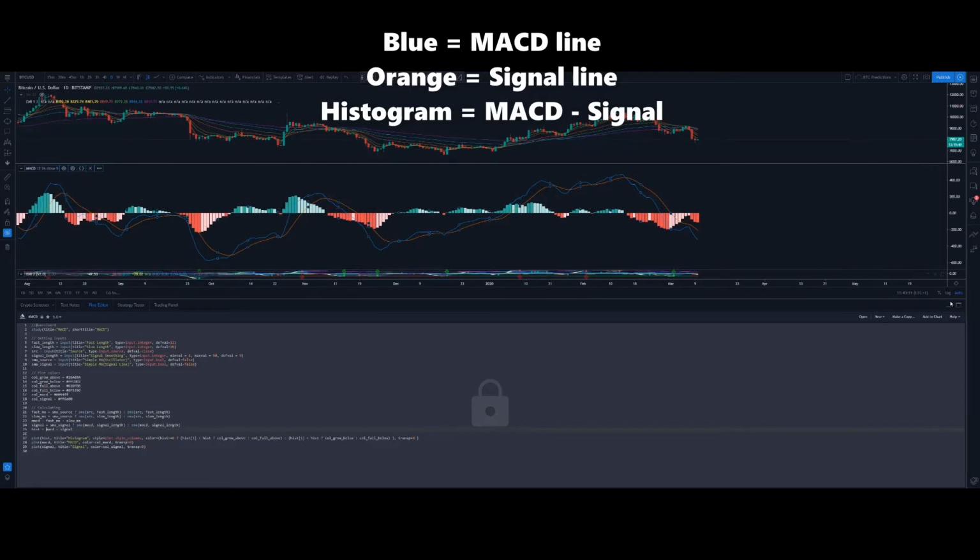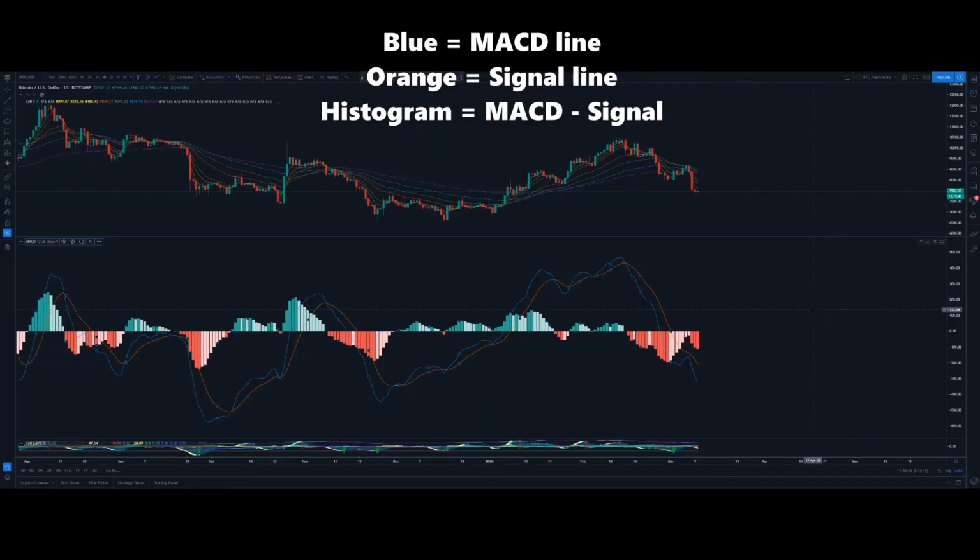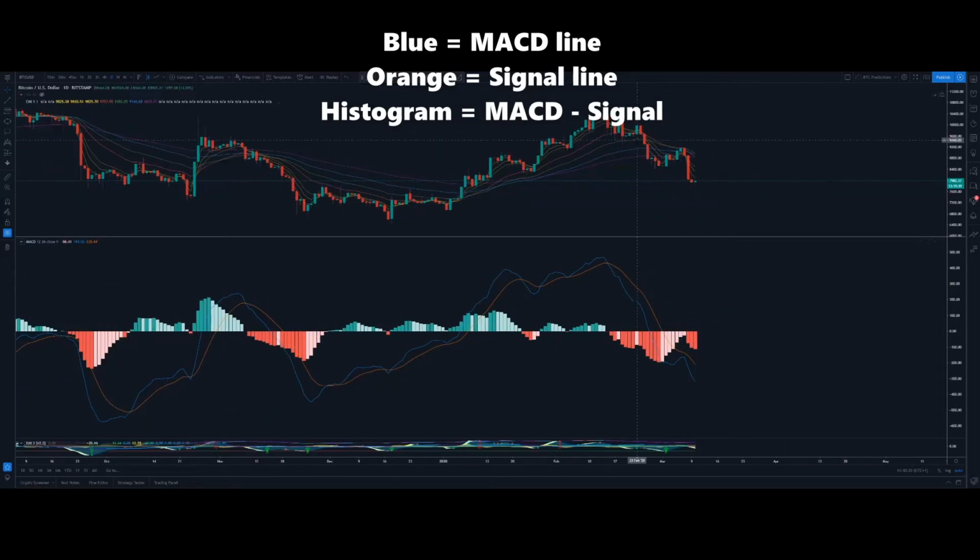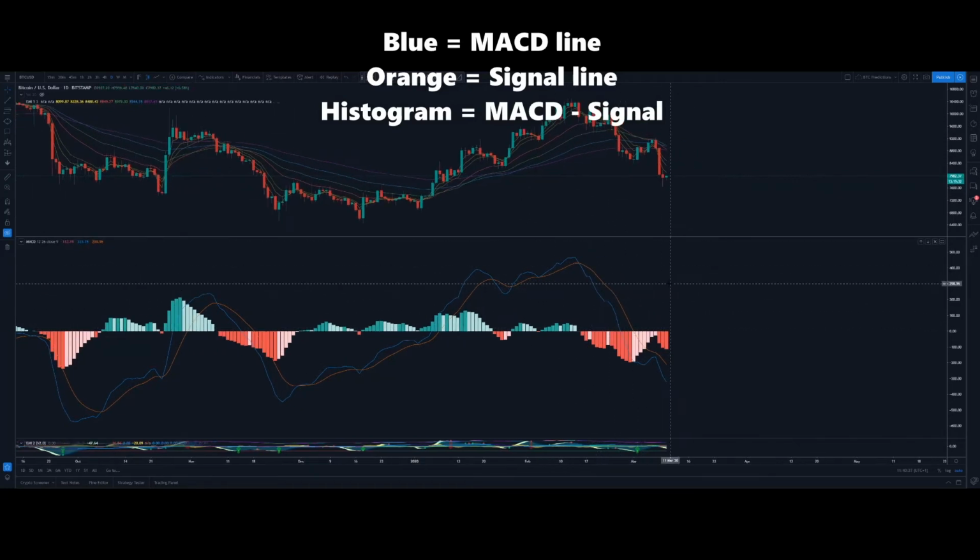So that's the MACD. That's how it works in detail. So it's not mumbo jumbo or anything. We're actually already using this for a long time. It's just moving averages only, and they're comparing it and they want to see the difference.